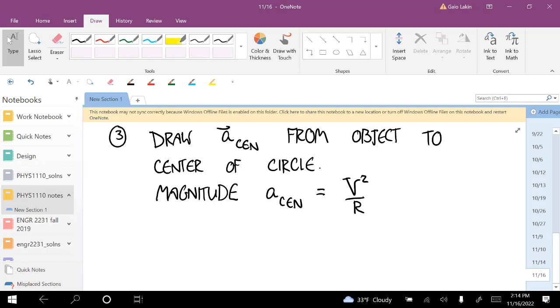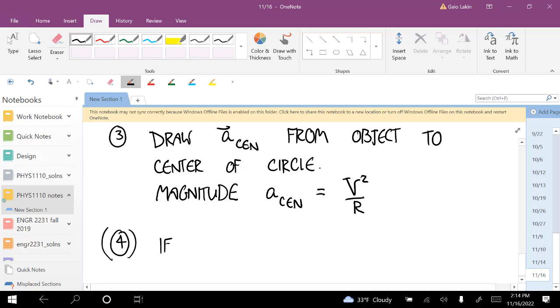But this next step is only if it's non-uniform acceleration. If it's non-uniform, does that mean speeding up or slowing down? Or does that mean the speed is constant? Non-uniform means the speed's changing, okay? So I'll put this in parentheses, step 4.